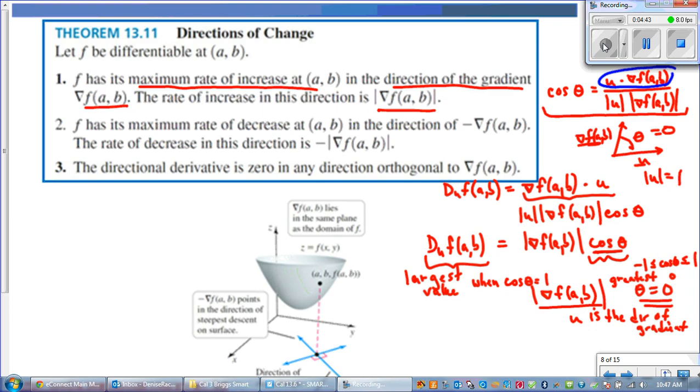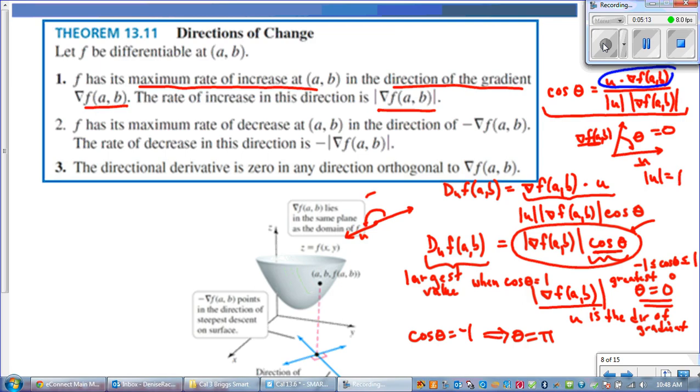Okay, now if we want to go down the fastest, when will this actually be the smallest possible value? That'll occur when cosine of theta is -1. And when is cosine of theta -1? When theta is equal to pi. So if the gradient were moving in this direction, then the direction we need to move in, the u direction, would be at an angle pi from that gradient.